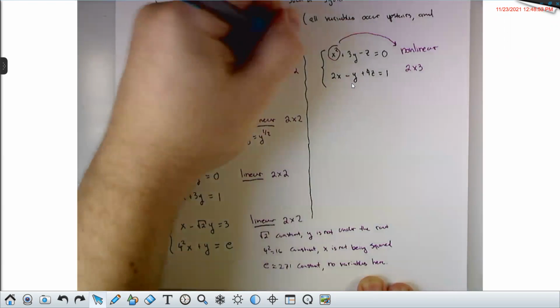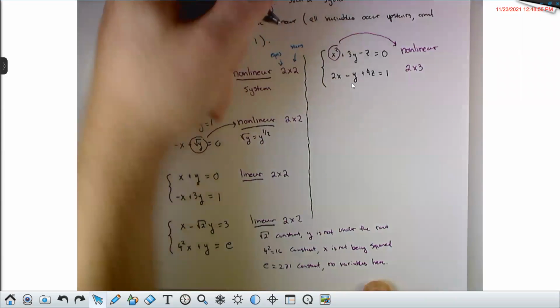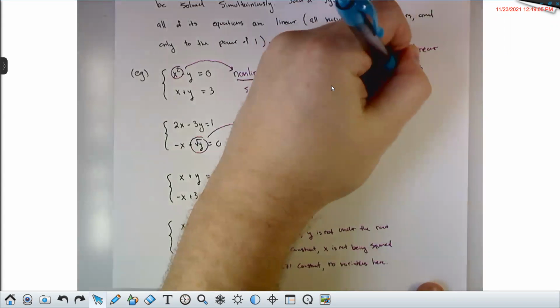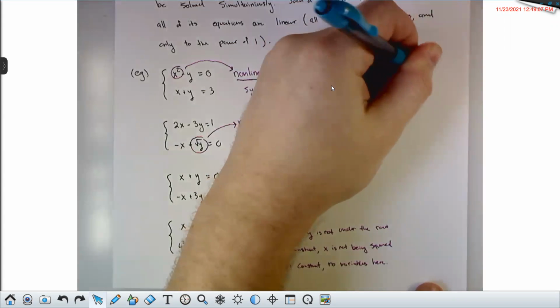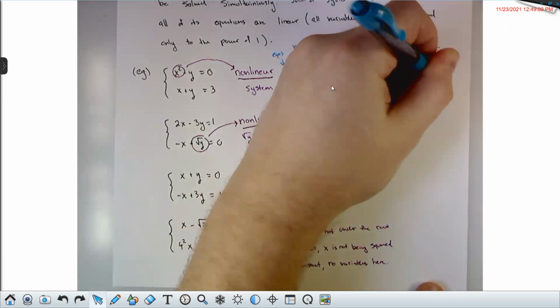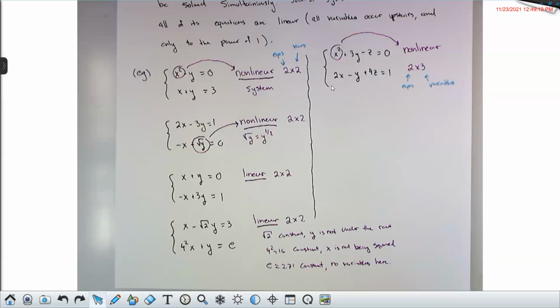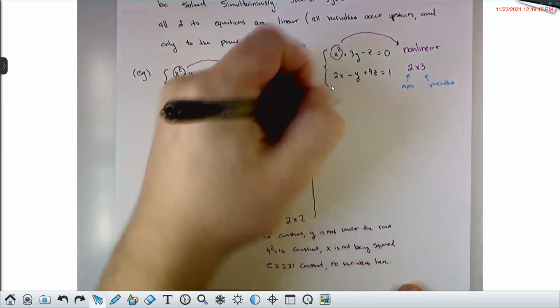And this guy is the number of variables. So here I have 2 equations. Each one has 3 variables. So that is a 2x3. All right. One or two more.